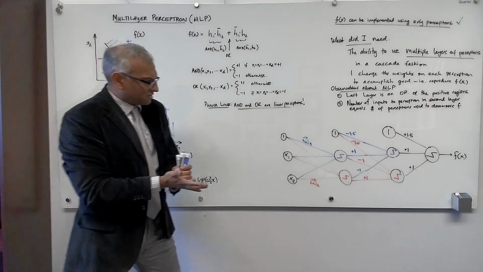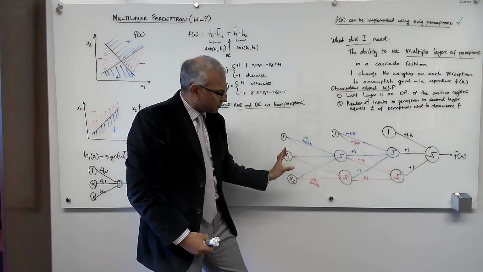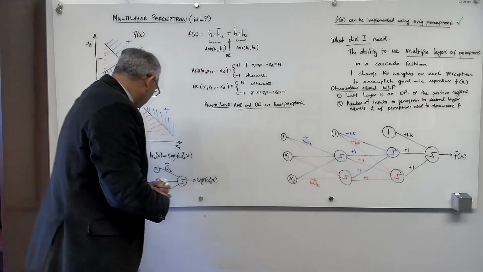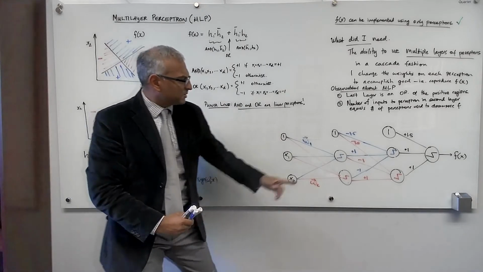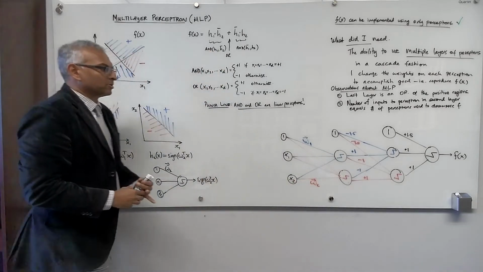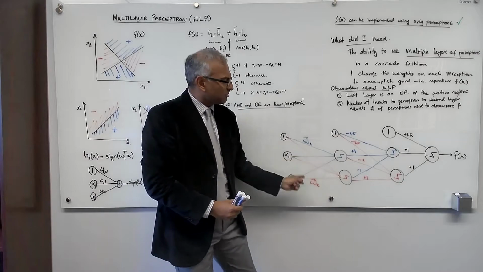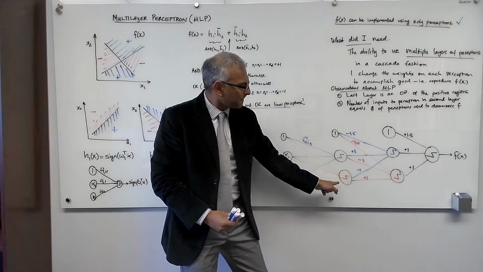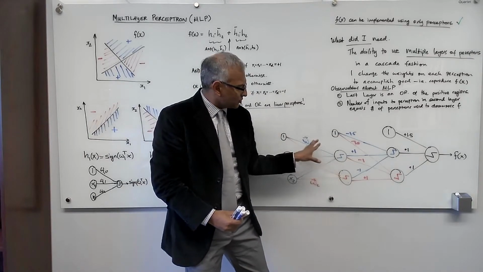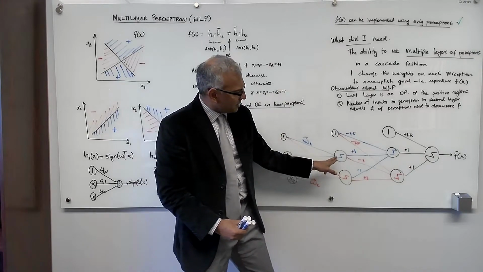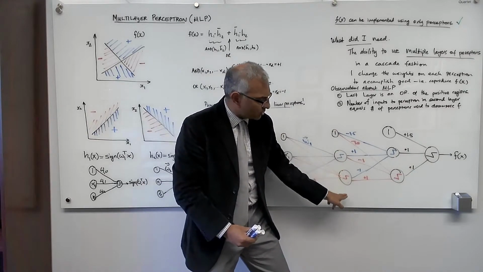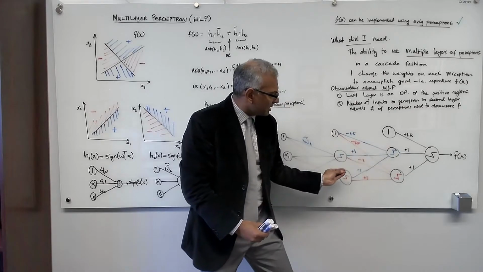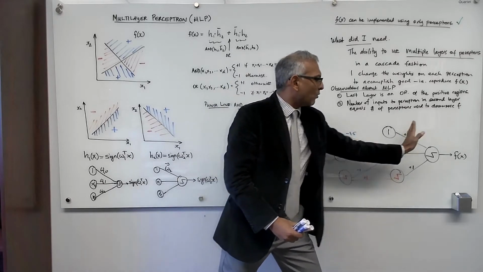You have your inputs feeding in with the corresponding weights for each perceptron used to decompose f. Those weights are all different, and then you combine these into ANDs, and then you take one final OR.